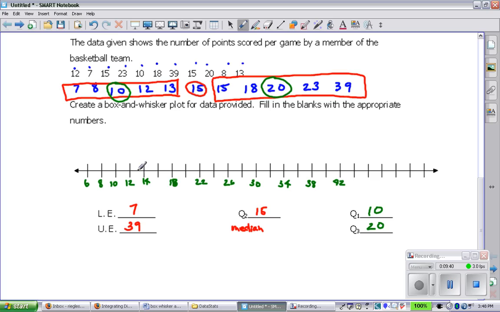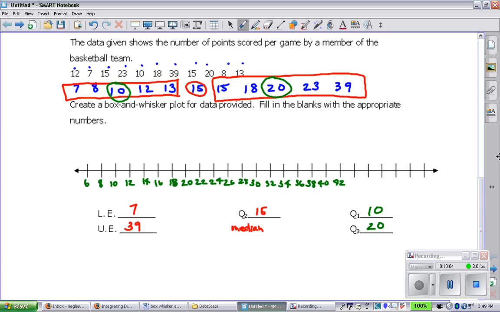Now you realize even though I was skipping labeling, each of these units right here, the space between 2 marks is still 2 units. I just didn't mark. Maybe I should just go ahead and do it, just to avoid confusion. I won't be so lazy. 28, 30, 32, 36, 38, and 40. Okay, that's not so bad.